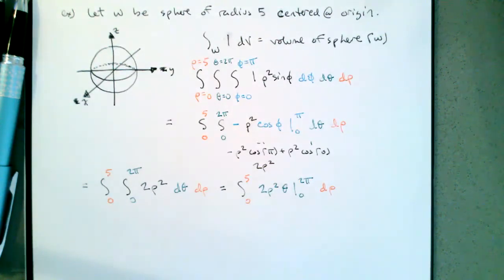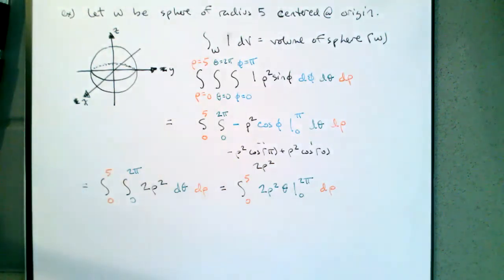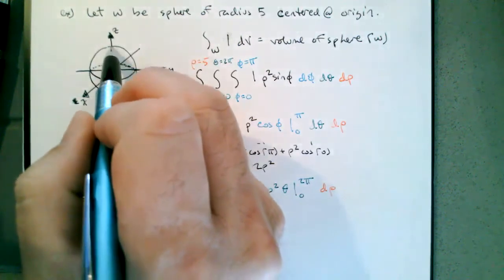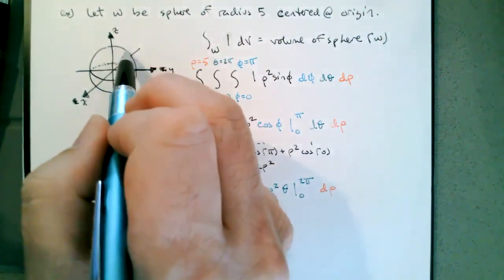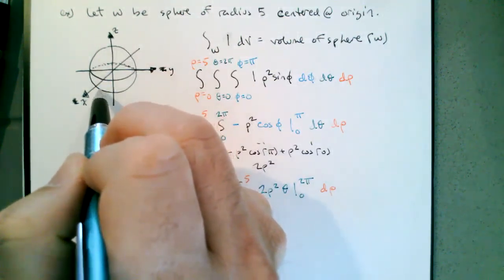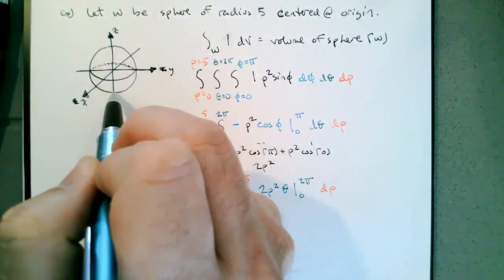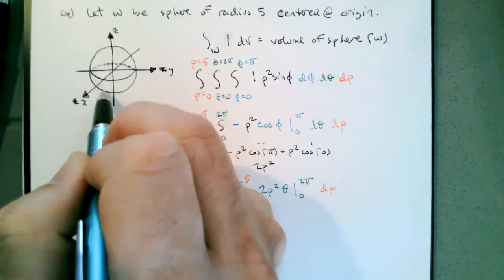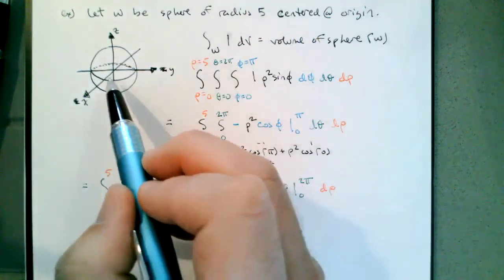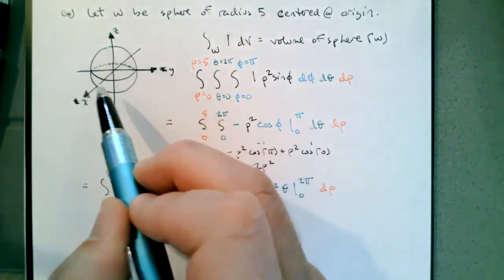We're integrating phi from 0 to pi because we're measuring phi from the positive z-axis. So phi equals 0 is up on the positive z-axis, and I want to integrate all the way down to the negative z-axis. If I go past pi on phi, I'm going to start counting stuff twice because I'm integrating theta from 0 all the way around to 2 pi.